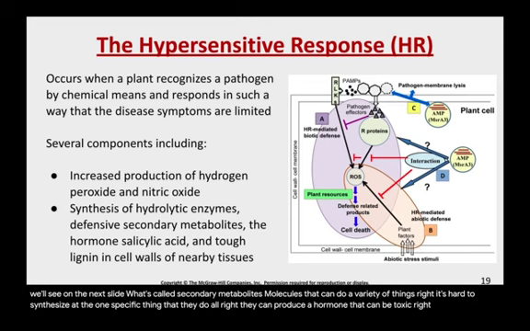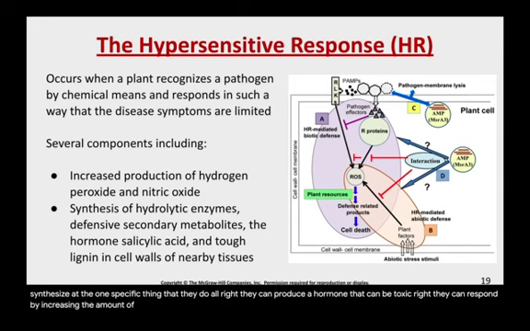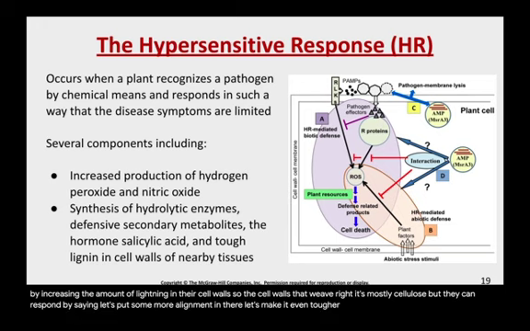They can respond by increasing the amount of lignin in their cell walls. The cell wall is mostly cellulose, but they can respond by saying, let's put some more lignin in there, let's make it even tougher to get through these cell walls. So a variety of things.